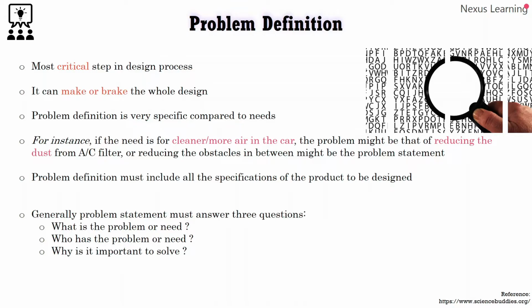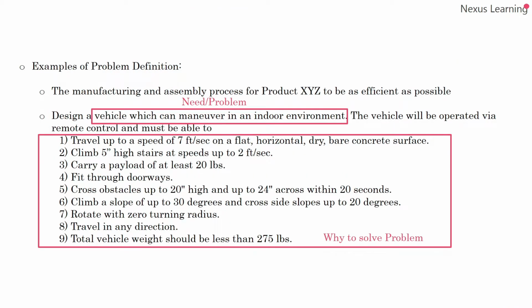And generally, the problem statement must answer three questions: what is the problem or the need? Who has the problem or the need? And why it is important to solve that problem. If you read any journal paper, there is a problem statement at the top. It defines why this paper has been written. In the same way, you have to define the problem.